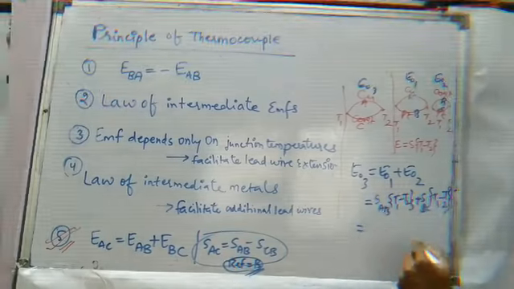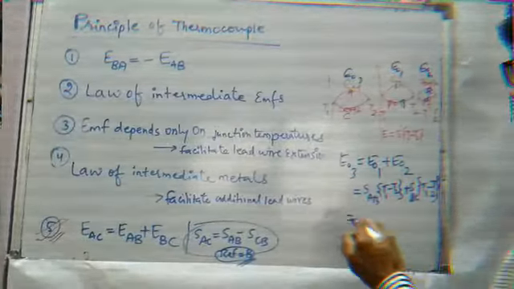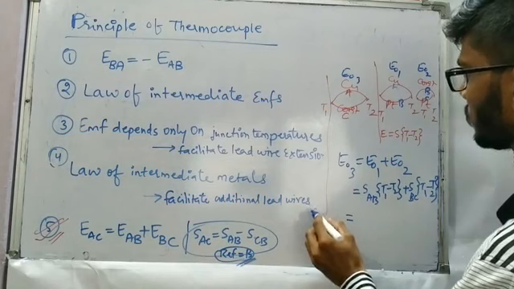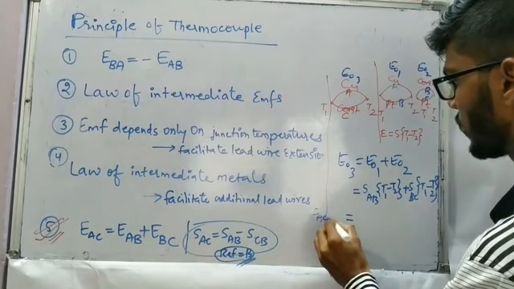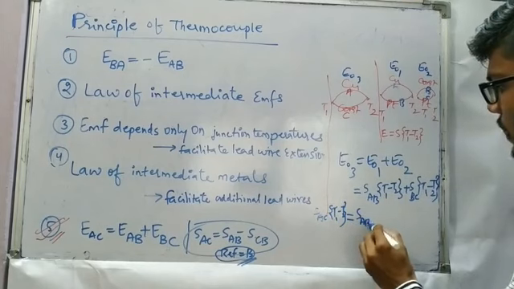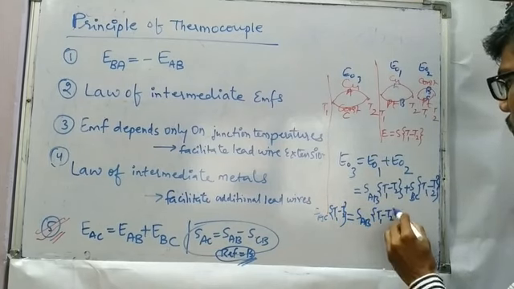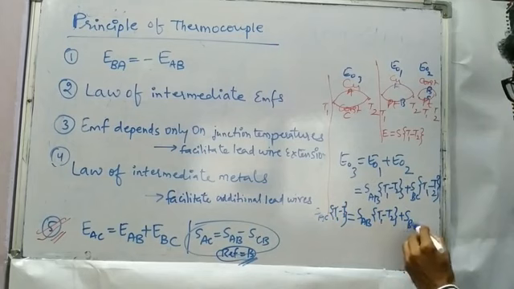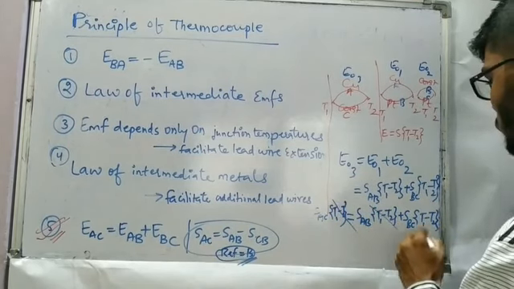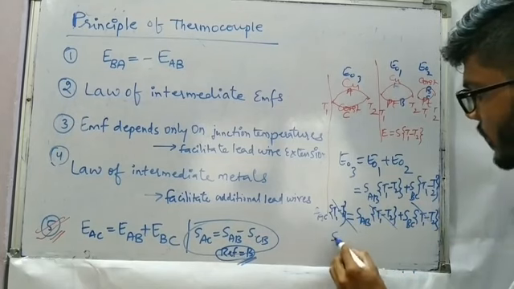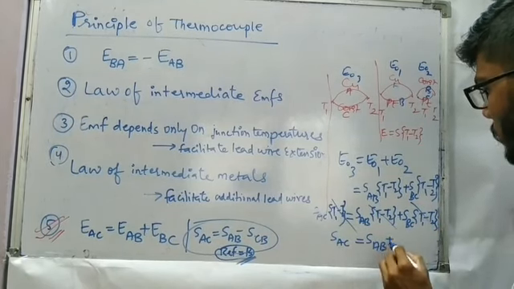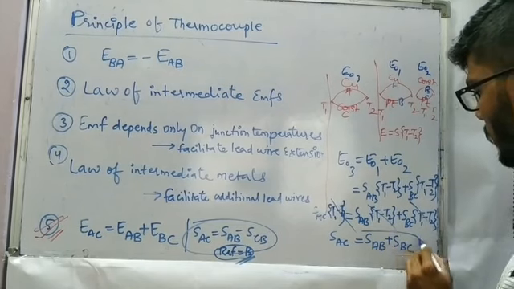So now we will have the final thing as E03, we can write sensitivity of AC into T1 minus T2 is equal to sensitivity of AB into T1 minus T2 plus sensitivity of BC into T1 minus T2. So this temperature difference T1 minus T2 is going to get cancelled, and sensitivity of AC is going to be the summation of sensitivity of AB plus sensitivity of BC.